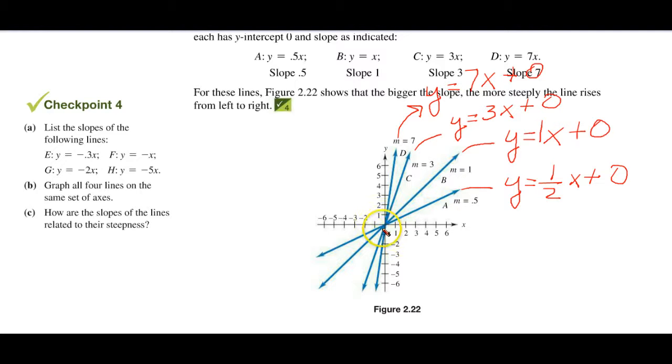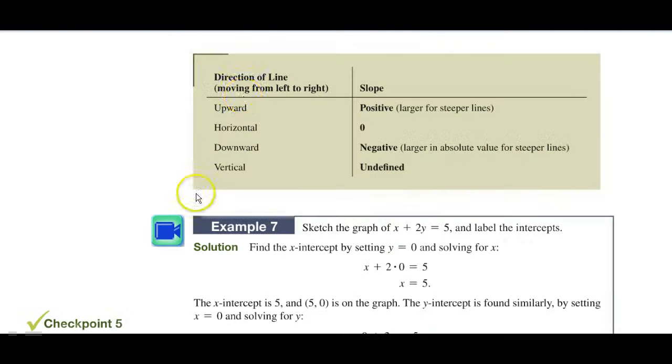All going through the origin. So this one would be over 2 up 1. This one is over 1 up 1. This one's over 1 up 3. Over 1 up 7. All over 1. And this is over 2. Alright, very good slide there.